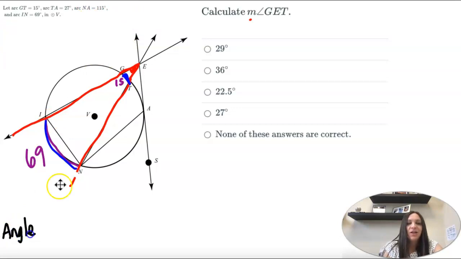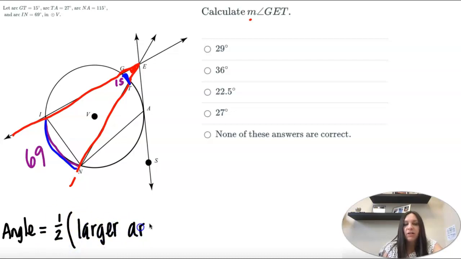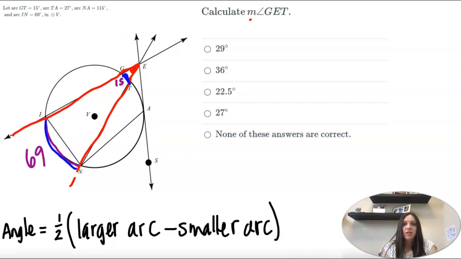So the angle on the outside of the triangle that's made by two secant lines, the theorem is you take half and then you take the larger arc that's made, so that's the 69 degrees, and you subtract the smaller arc that's made, that's the 15. So for us, we have 1/2, and then the larger arc is 69 degrees minus the smaller arc, which is 15 degrees.